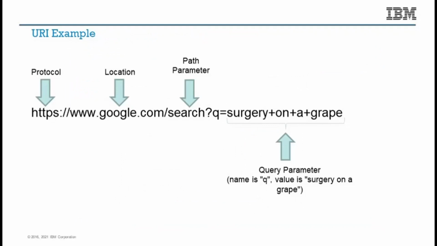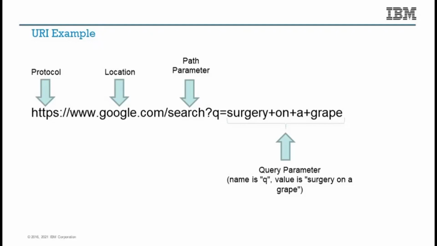Right, the URL starts with a protocol, so HTTP or HTTPS for a web page. You have a location, so google.com in this instance. Then you have a path parameter, which is where am I going in that location, and then you might have 0 or more query parameters. Right, so in a Google search, there's a Q query parameter, and you just put in what you're searching for, and that's what your URL looks like for something like a Google search.